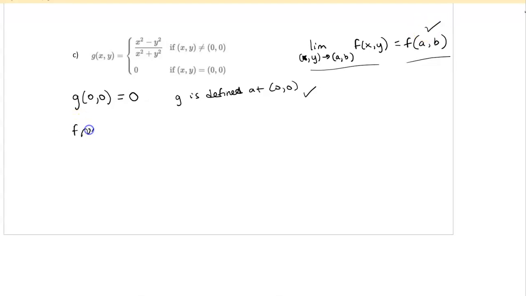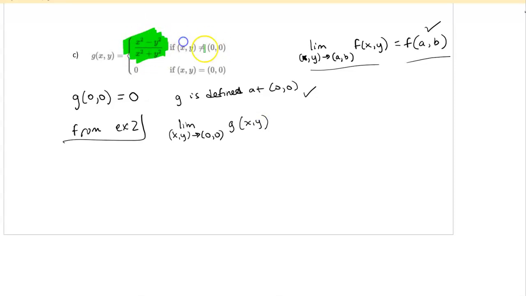From example 2 earlier in our notes, the limit as (x, y) approaches (0, 0) of our function g of (x, y). So we're now only looking at that part right there because we're approaching (0, 0), not equal to it. We're using that top branch of that piecewise function.